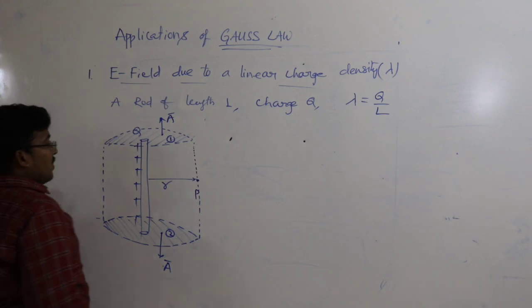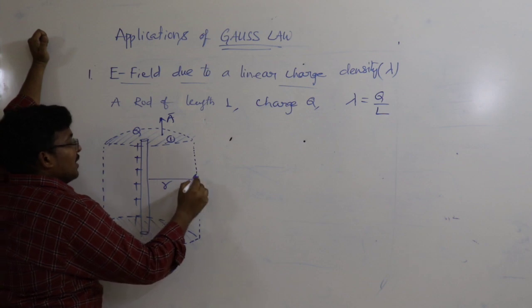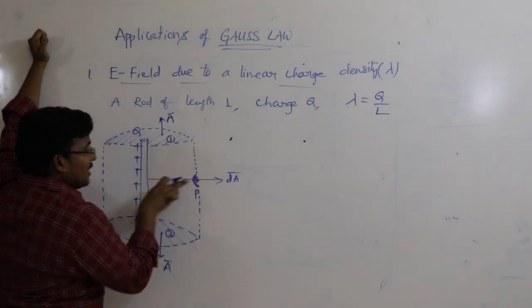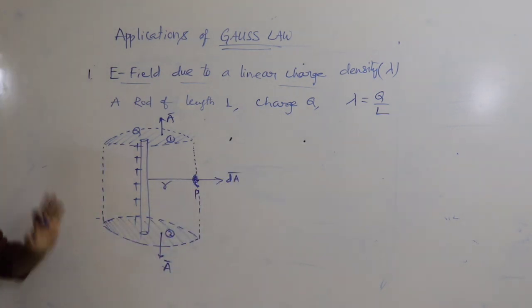Now if I take any element here, at this element the area vector dA will be like this. Now I want to find the electric field.